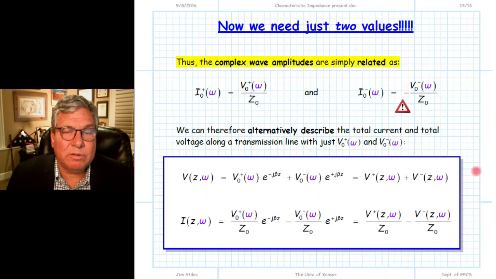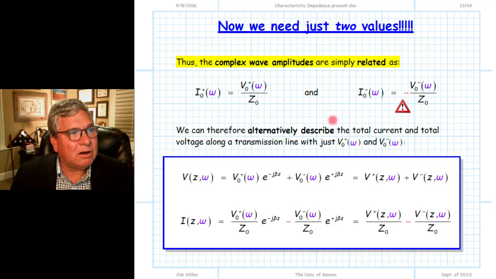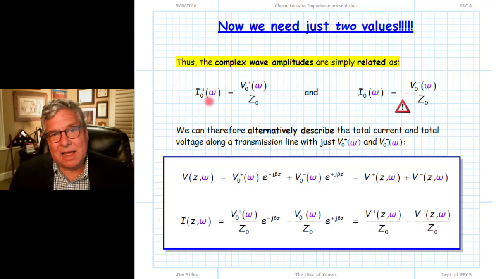All right, since we know that characteristic impedance Z0 is the ratio of the plus voltage function to the plus current function, if we were to evaluate that, the e to the minus beta z exponentials in the numerator and denominator cancel out, and we'll see that characteristic impedance is likewise equal to the ratio of V0 plus to I0 plus. And of course that makes sense.